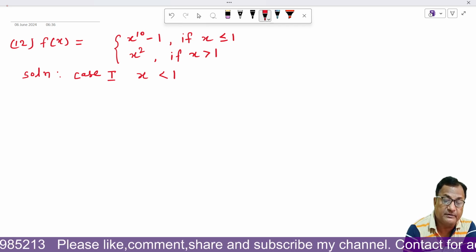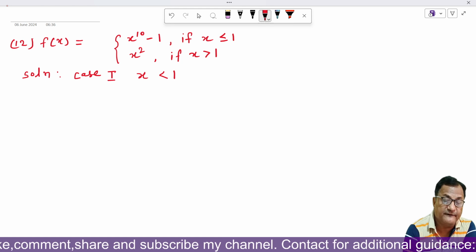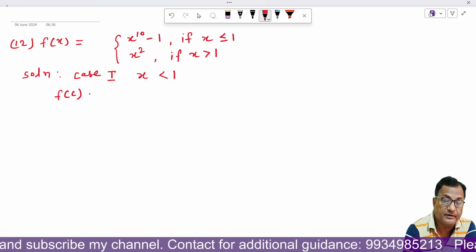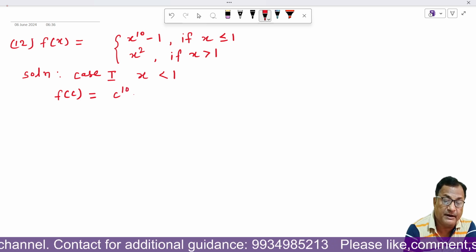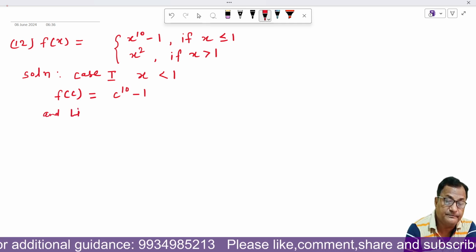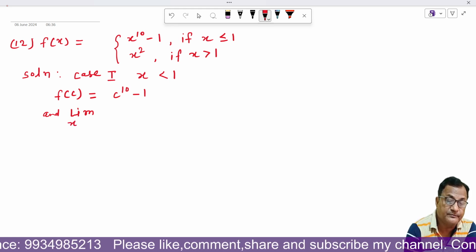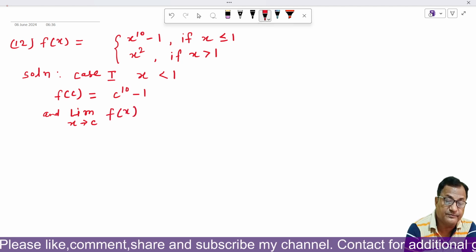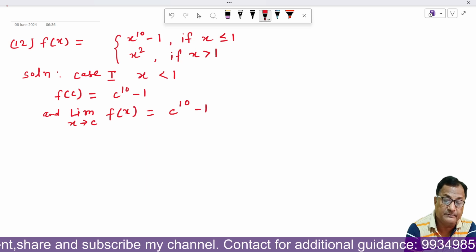When x is less than 1, f(c) will be c to the power 10 minus 1, and limit x tends to c of f(x) is equal to c to the power 10 minus 1.